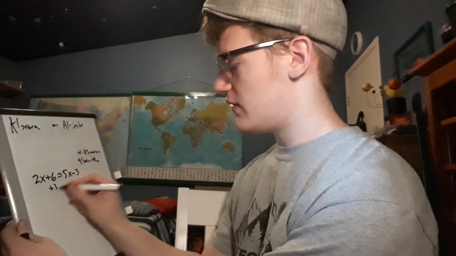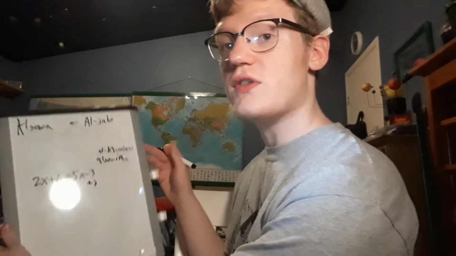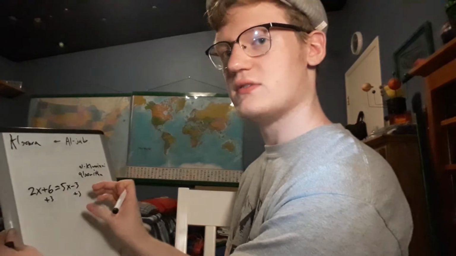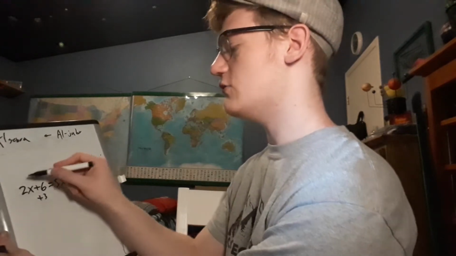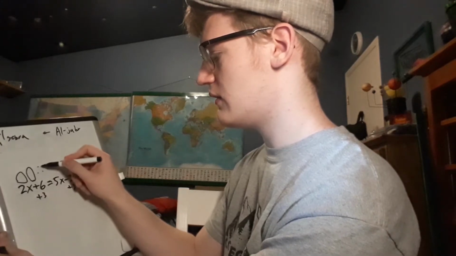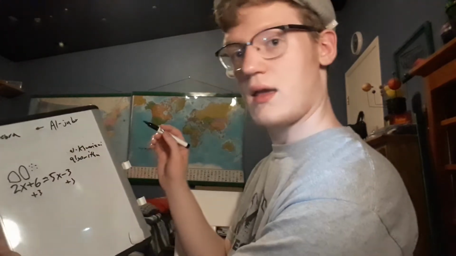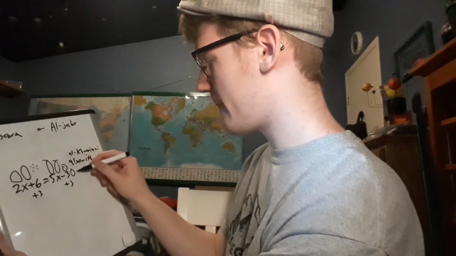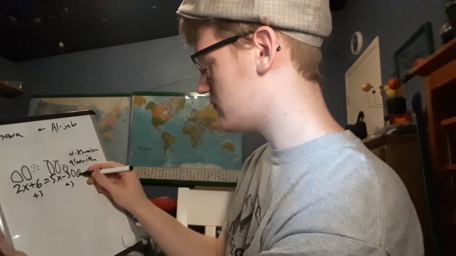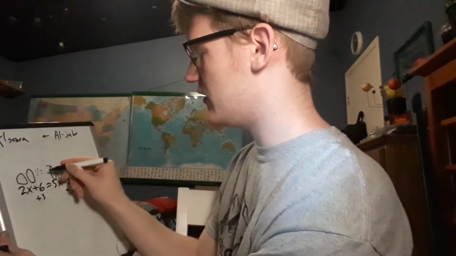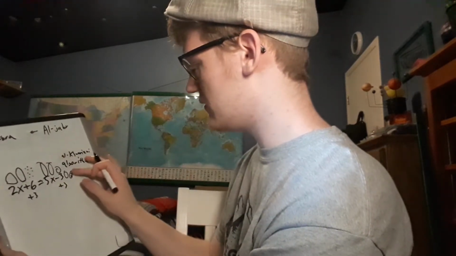And to solve algebraic equations, you do the same thing to both sides. It's like if you had 2 piles, and this one was the 2 piles plus 6, and this was the 5 piles minus 3, then we add 3 more to both sides.